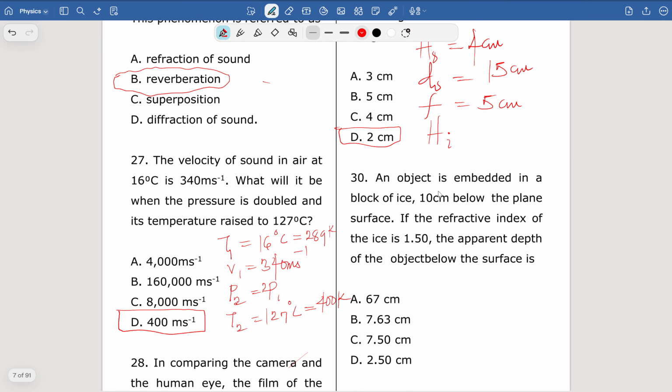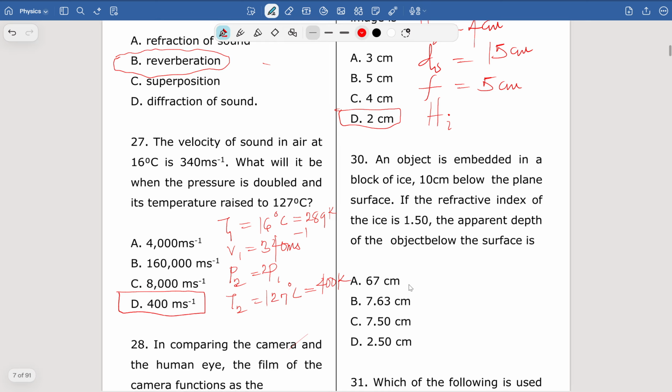Question 30. An object is embedded in a block of ice 10 centimeters below the plane surface. If the refractive index of the ice is 1.5, the apparent depth of the object below the surface is. So this is coming from real depth and apparent depth. It is related to the refractive index.